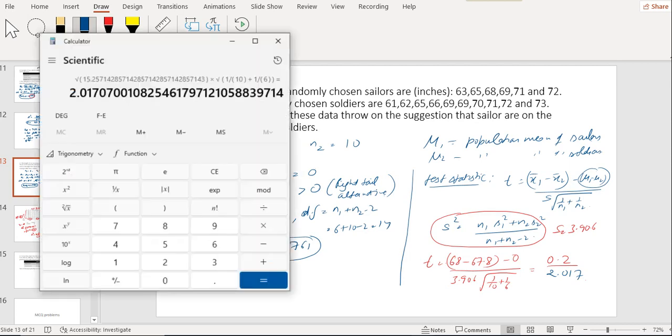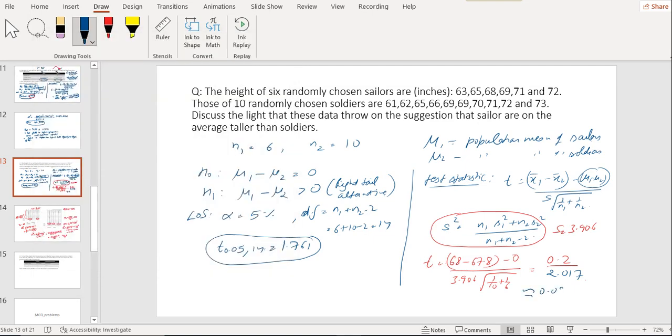If I take the reciprocal and multiply with 0.2, its value is approximately 0.099, positive only, right?